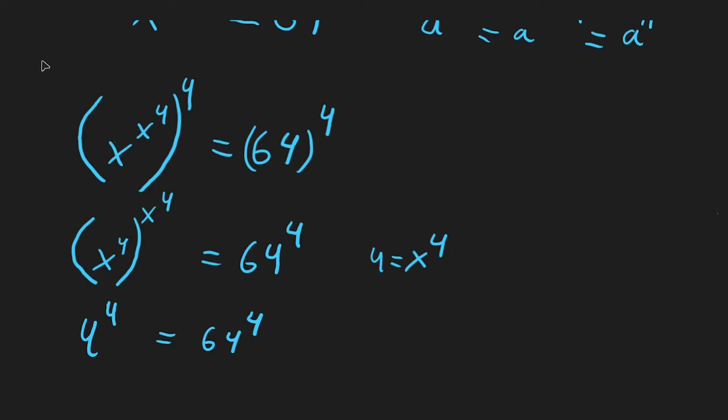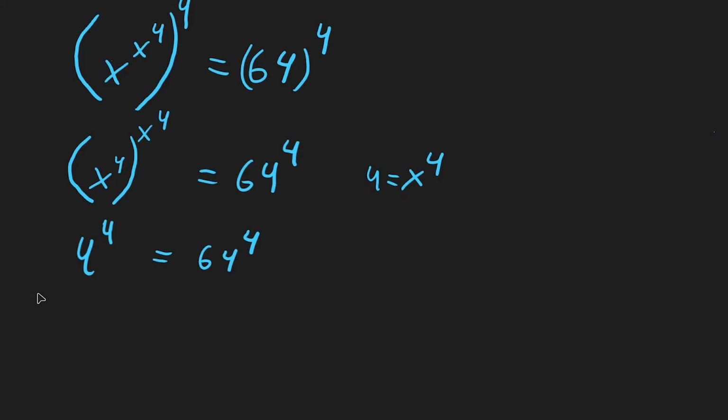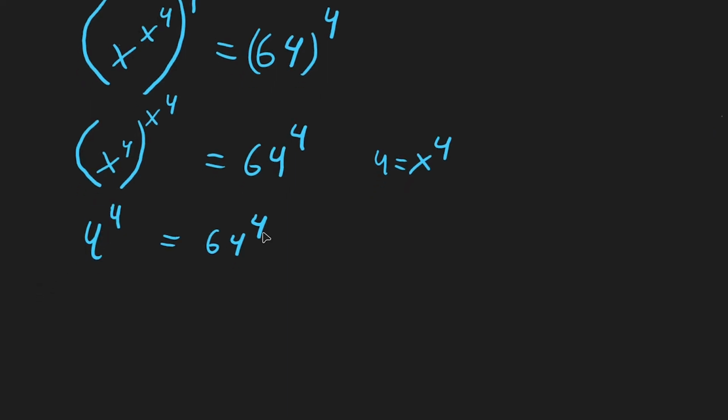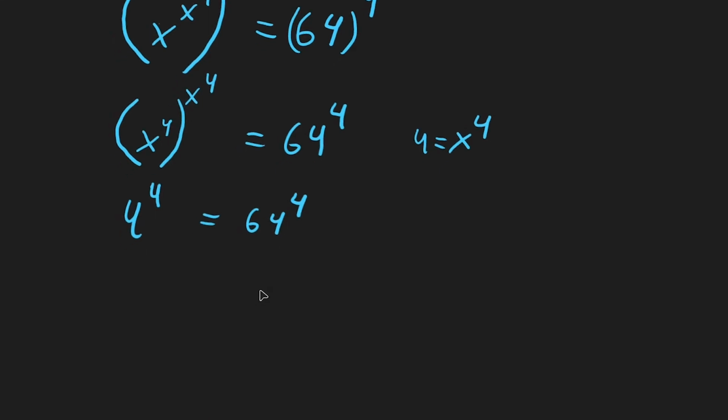So what do we do about this now? If we can find a way to write the right side as a number to the power of the same number, then we know what u is, and if we know u, we can calculate x. All right, let's try it out.